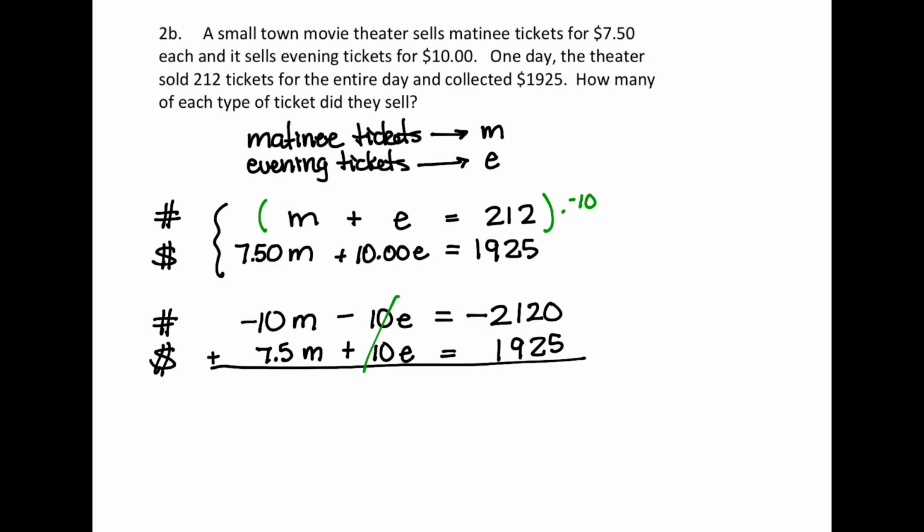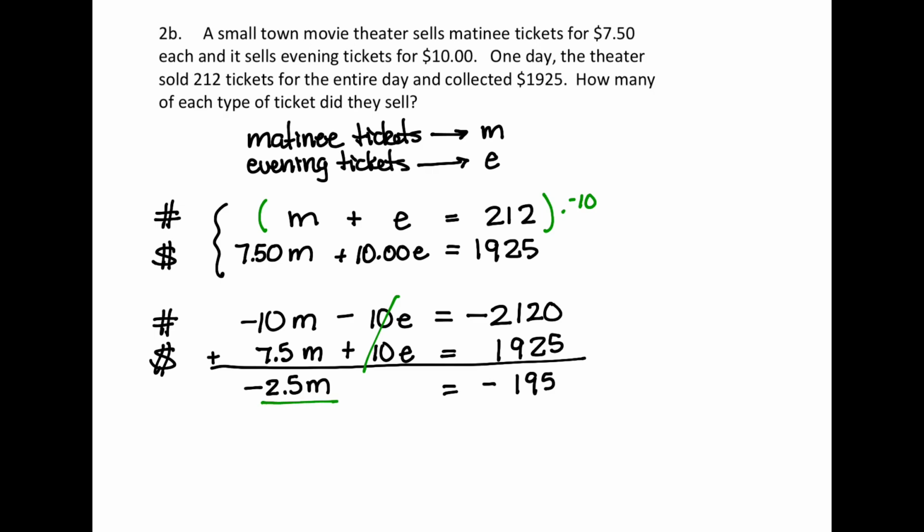And we end up with negative 2.5m is equal to negative 195.